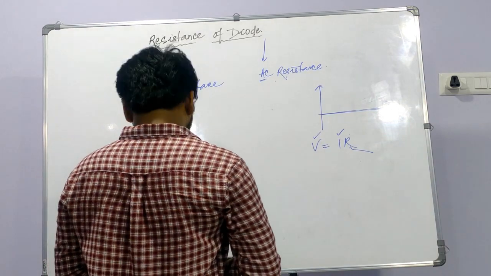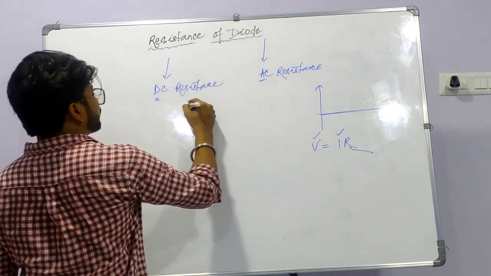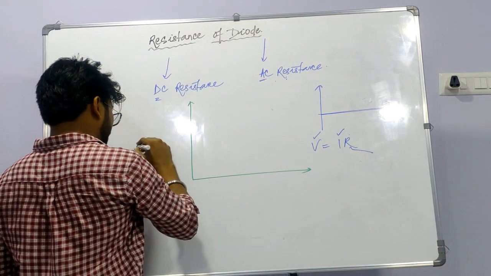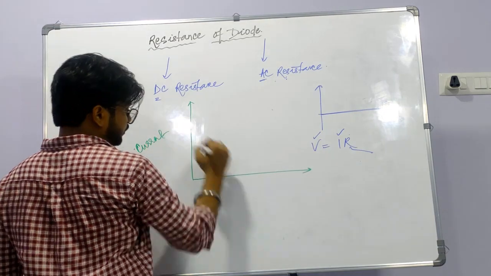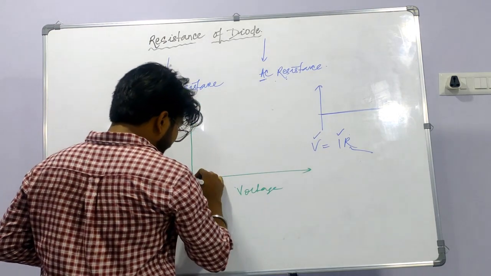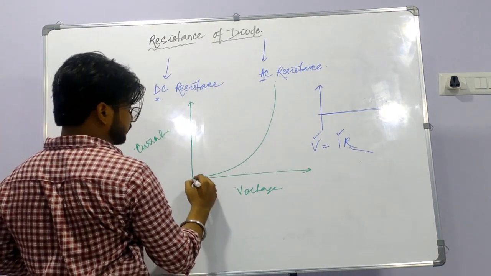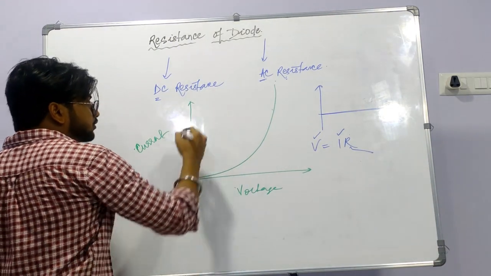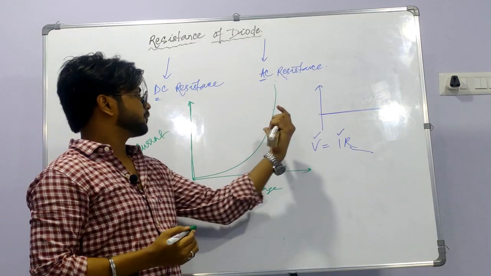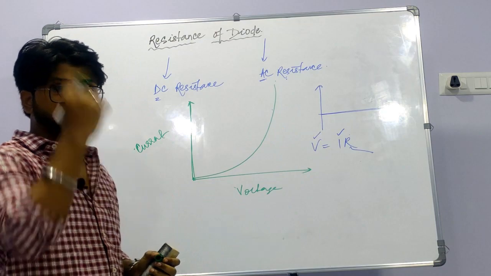Now looking at the current and voltage axis, we have this curve, and this curve represents the DC characteristics of a diode.